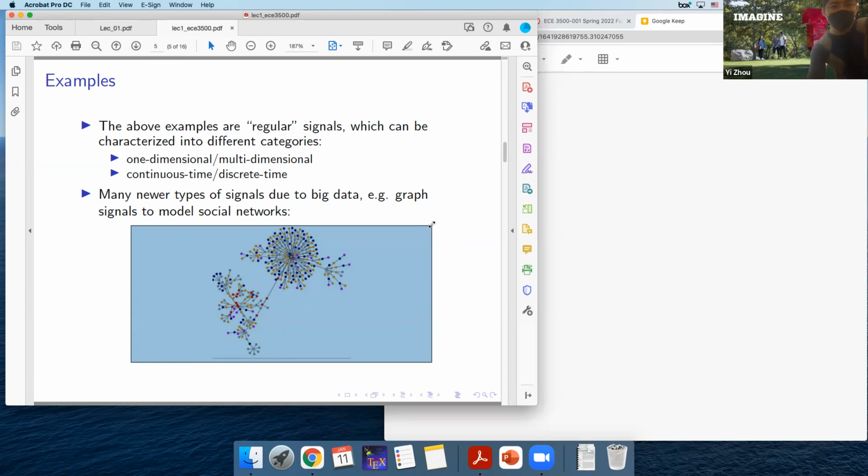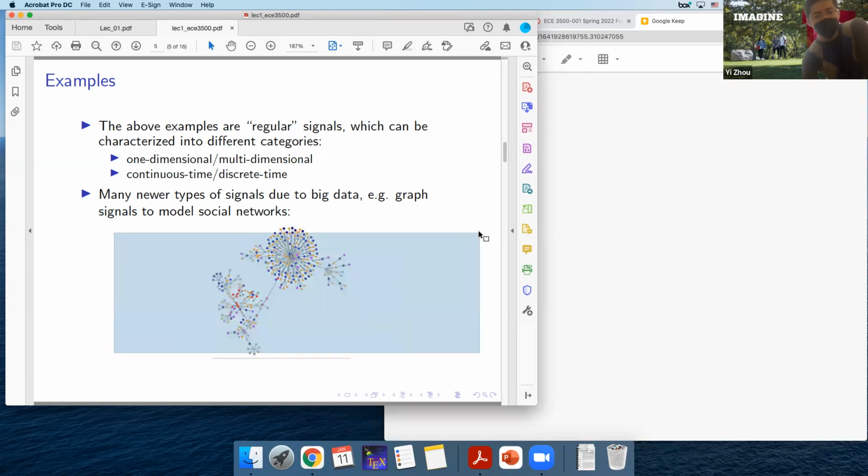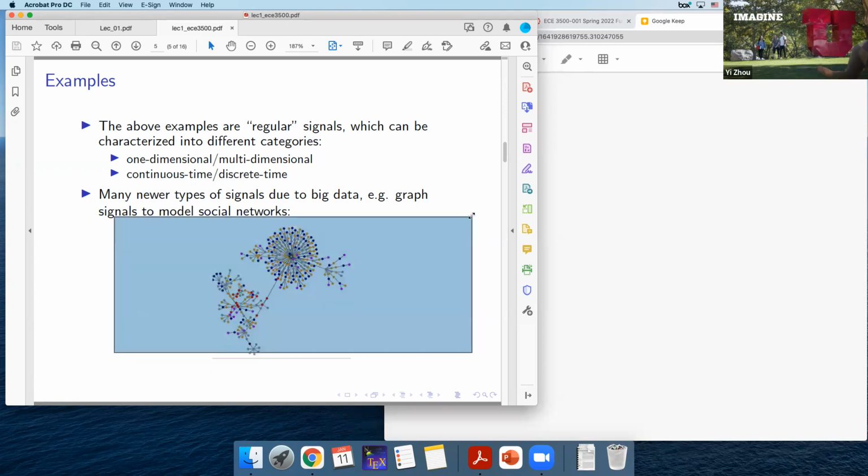Because you cannot find an axis here, right? You don't have a time axis, you don't have a space axis. It is not flat, it is very complicated. All the nodes are messed up here, basically. Sometimes with fancier tools, we can visualize this in three-dimensional space.